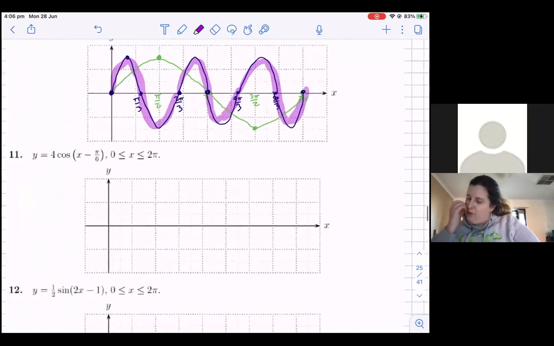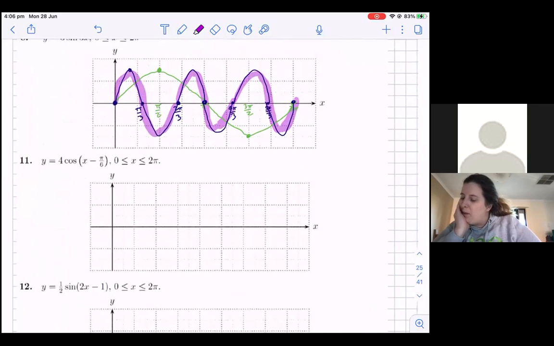Okay. Now 4 cos x take pi on 6 means it's moved pi on 6 to the right. So instead of being 0, 2 pi, pi on 2, pi, 3 pi on 2.